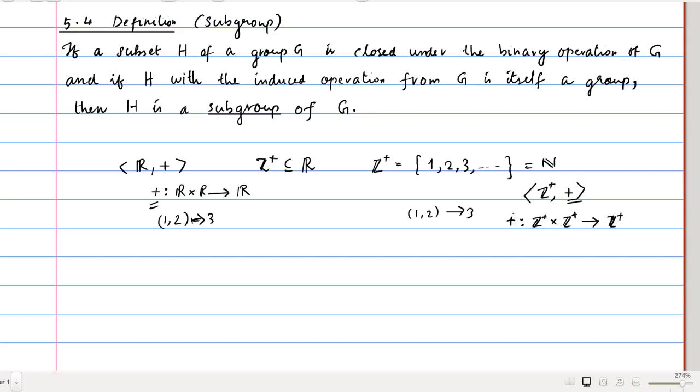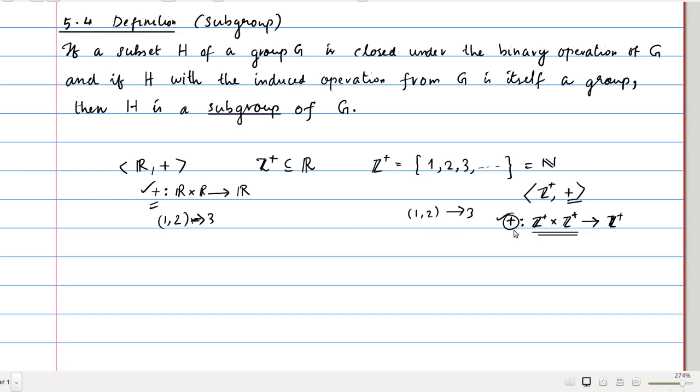But here we consider this plus as the binary operation from R cross R to R. As functions, or as binary operations, they are not the same, even though they assign the same value for every pair in this collection. We are using the same rule to assign the elements for ordered pairs, still this is not the same binary operation, because the domains of the two functions are different.